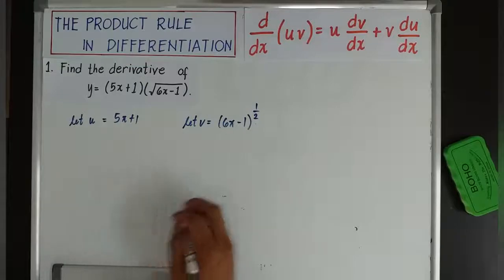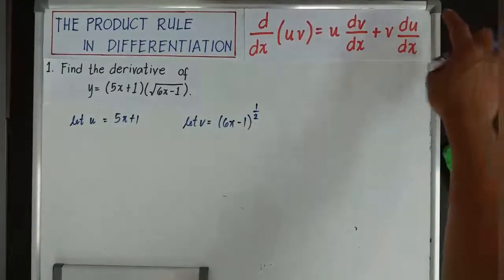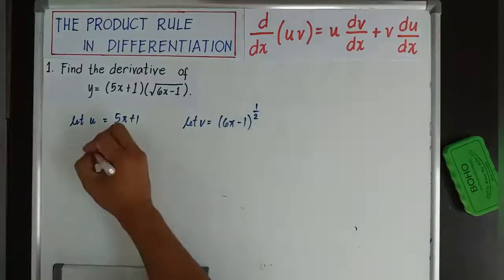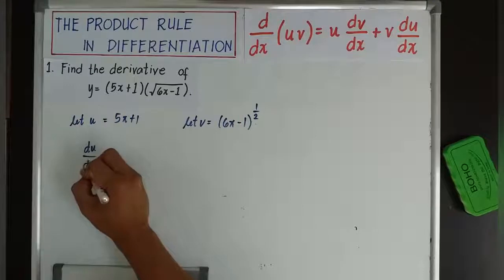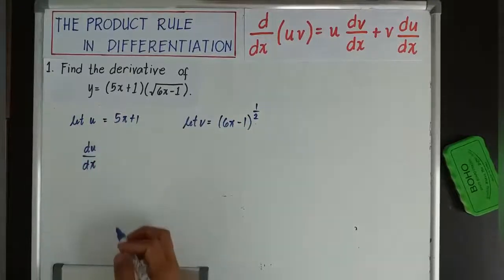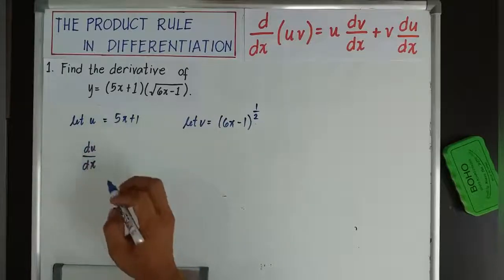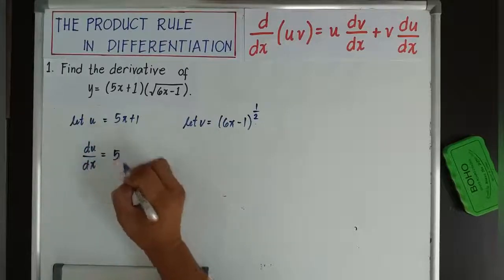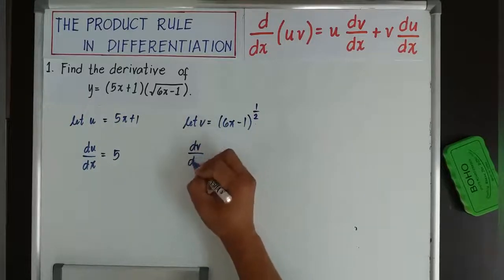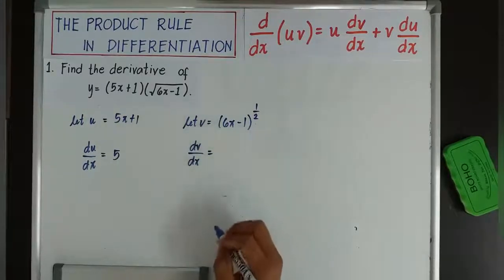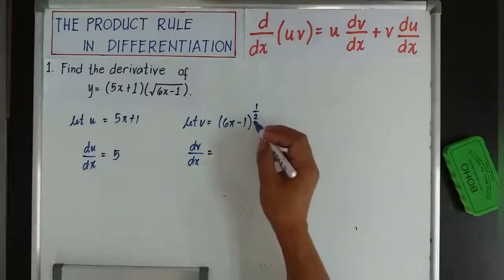Next, I need to find the derivative of the first function and the derivative of the second function. The derivative of the first function is du over dx. Why du over dx? Because you are getting the derivative of u in terms of x. It will be 5. The derivative of the second function in terms of x is equivalent to, basically, you have to apply the chain rule over here.